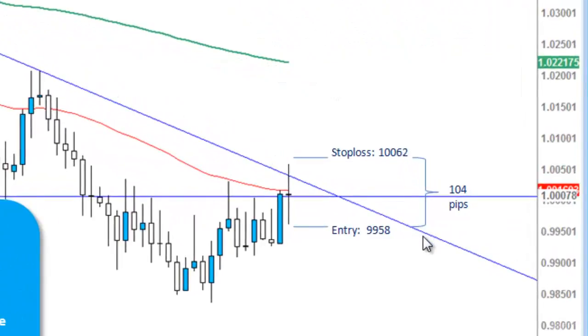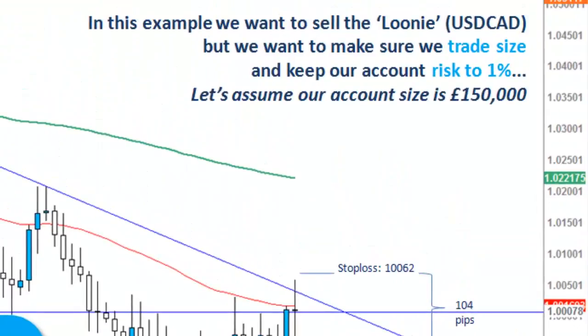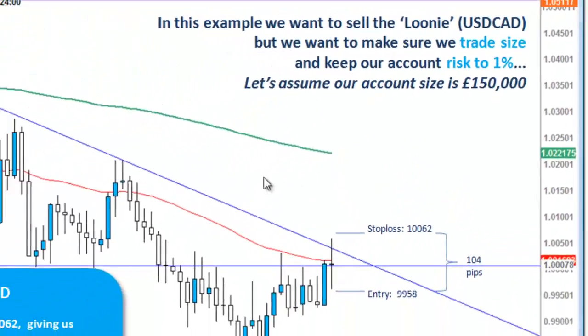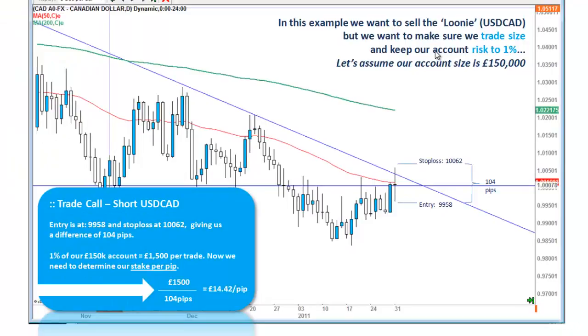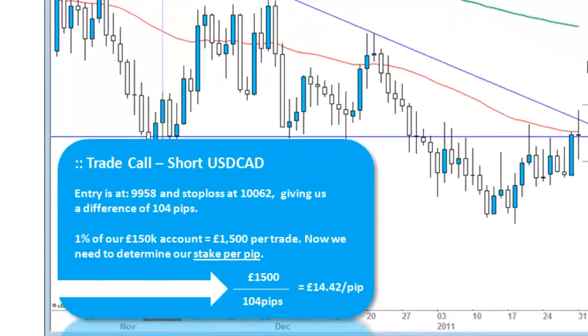So we have a £150,000 account here. Sticking within our 1% rule, we don't want to risk any more than £1,500. So we divide 1% of our account, £1,500, by our 104 pips to give us £14.42 per pip. We do not want to risk any more than £14.42 per pip in this trade, sticking to our 1% rule.